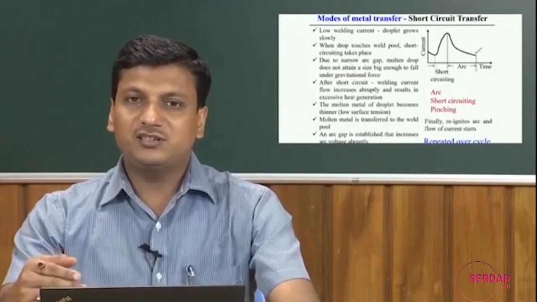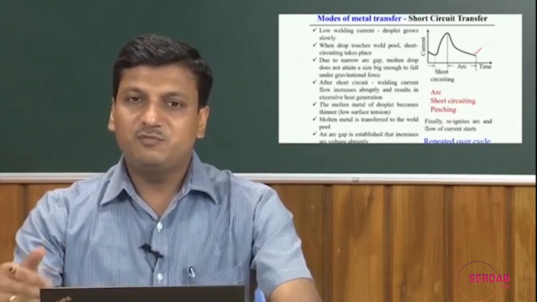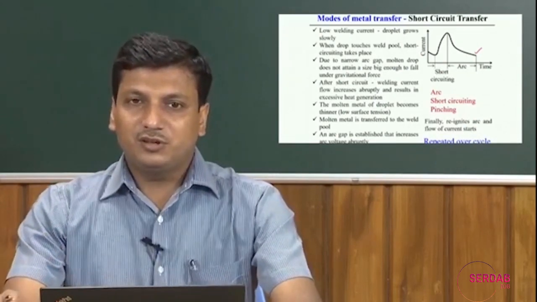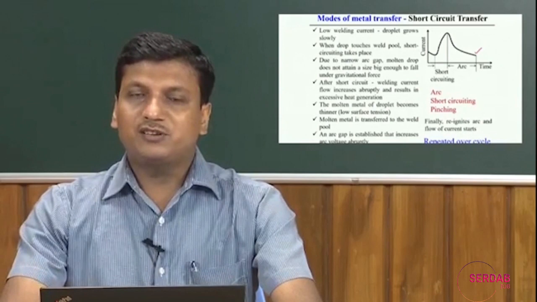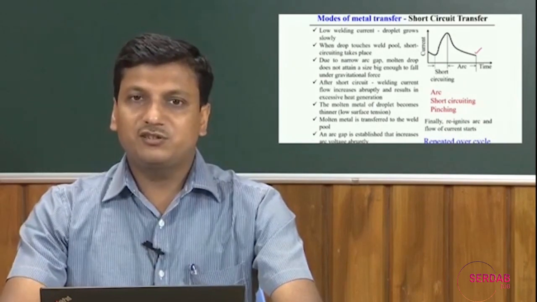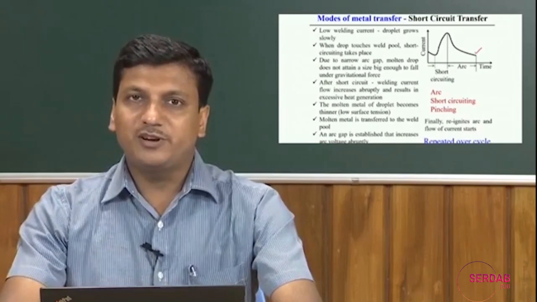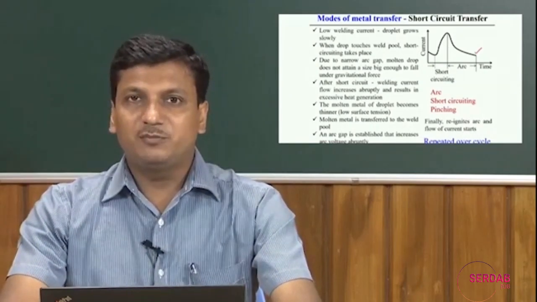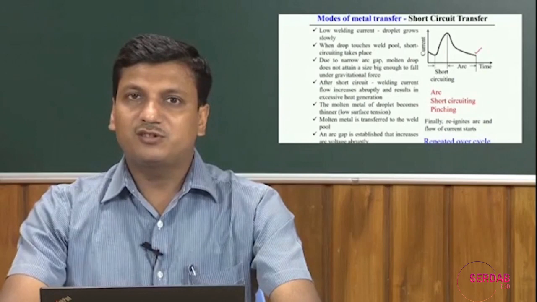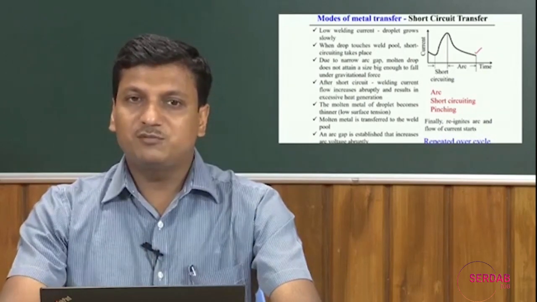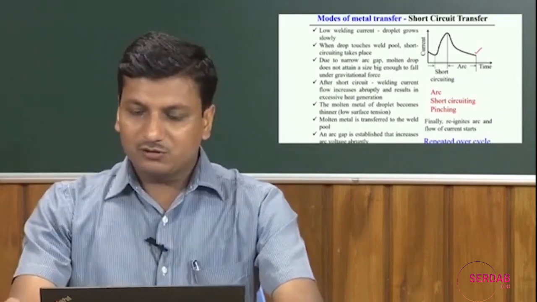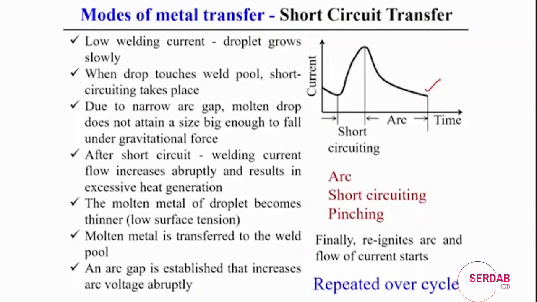This typical cycle is repeated over and over. This mode of metal transfer is called the short circuit mode, and we can find it in different gas metal arc welding processes. So, this is one type of metal transfer.